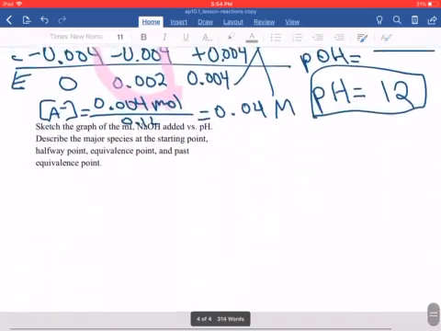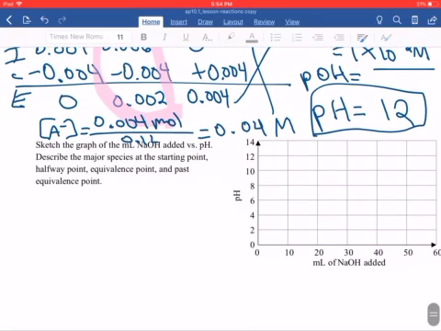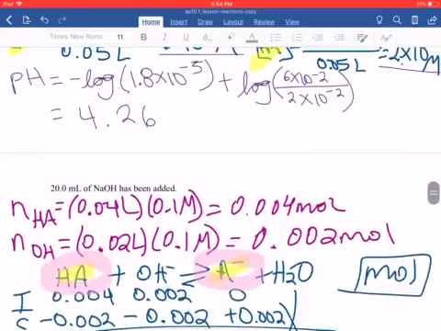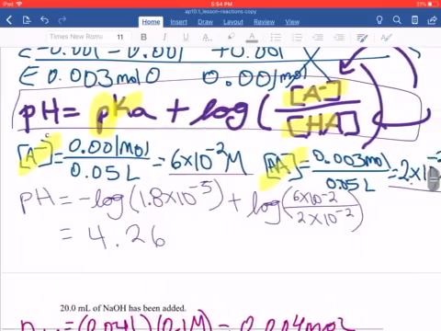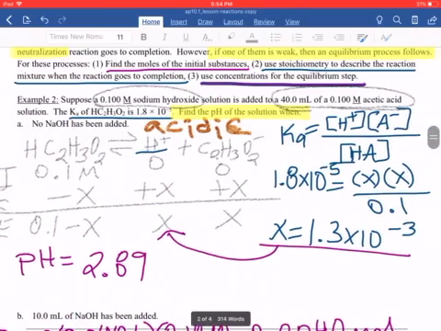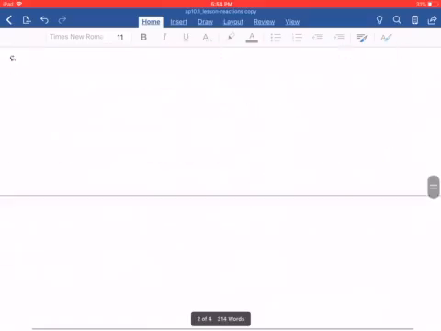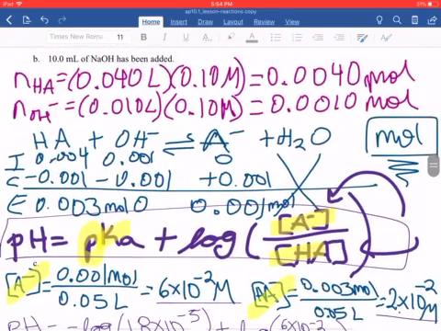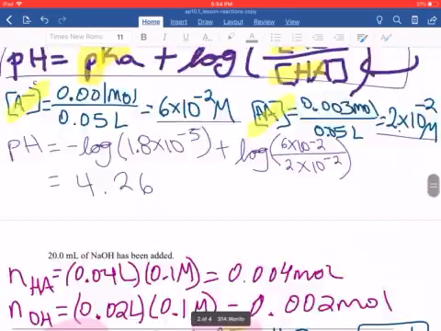All right, so if we plot our graph right here, we have pH on the y-axis, milliliters of NaOH added on the x, and we scroll all the way back up here to A. When no milliliters of sodium hydroxide had been added, our pH was 2.89, and when 10 milliliters, it was 4.26.